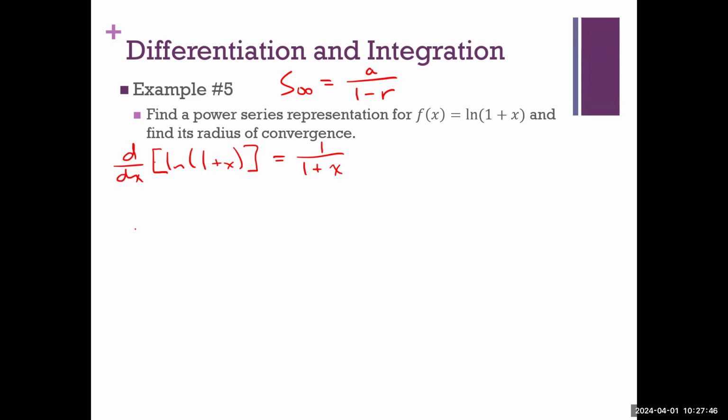Cool. So let's start thinking about it that way. Basically what we've done is this: we found that f prime of x is equal to 1 over 1 plus x. You all seem to agree that that can be the sum of a geometric series. So what does that geometric series look like?